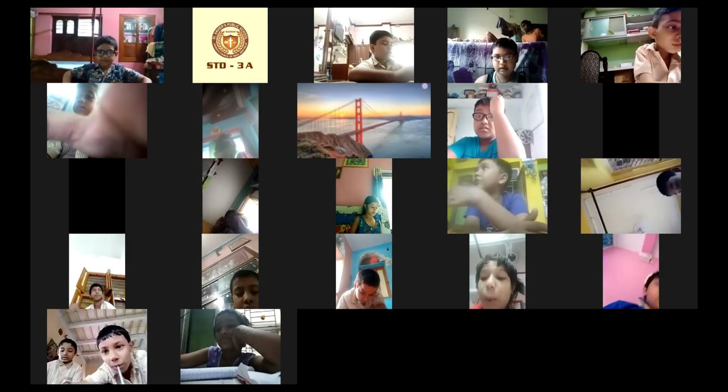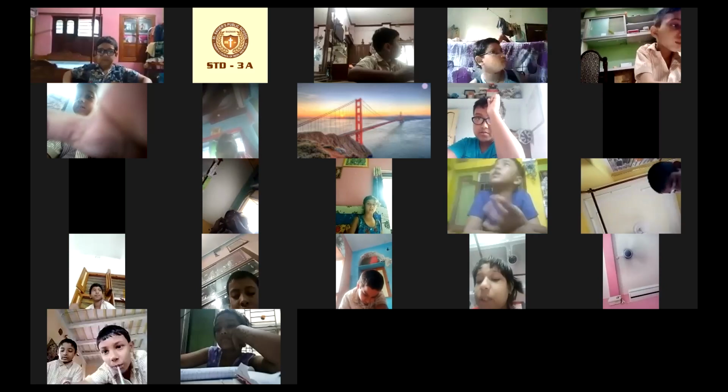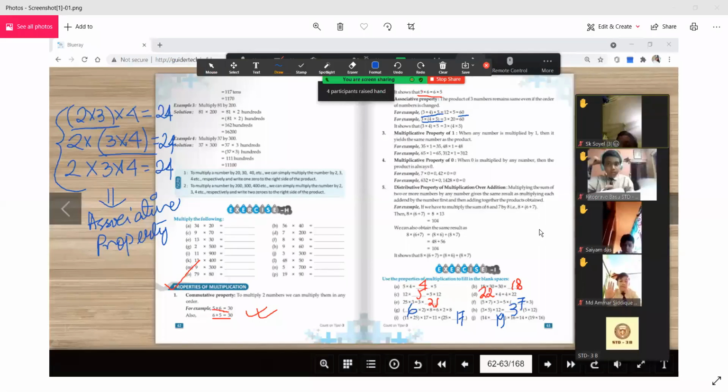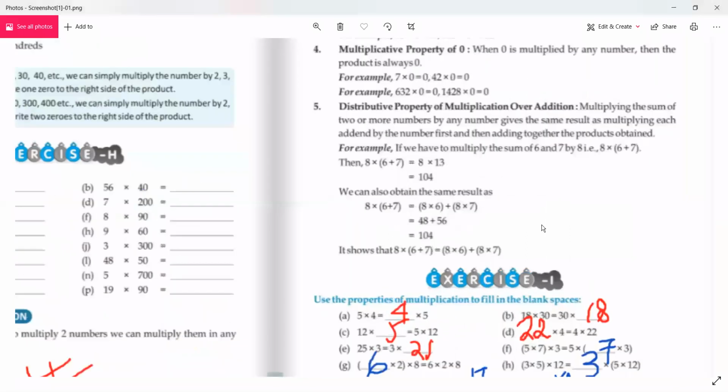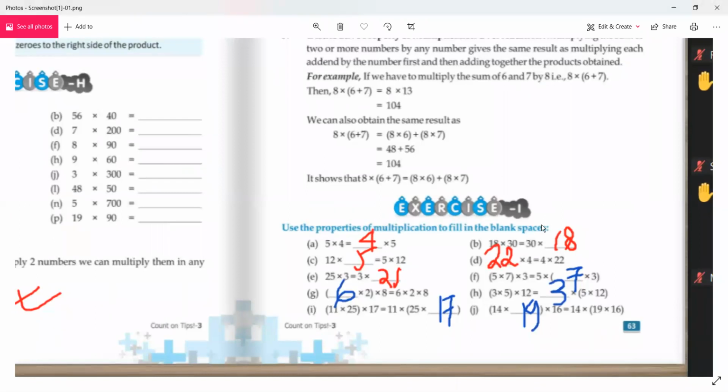I'm just sharing the screen because someone among your friends told me that they have not written the first page answer. This is the picture taken from the class three weeks ago. Okay, so please complete the exercise.